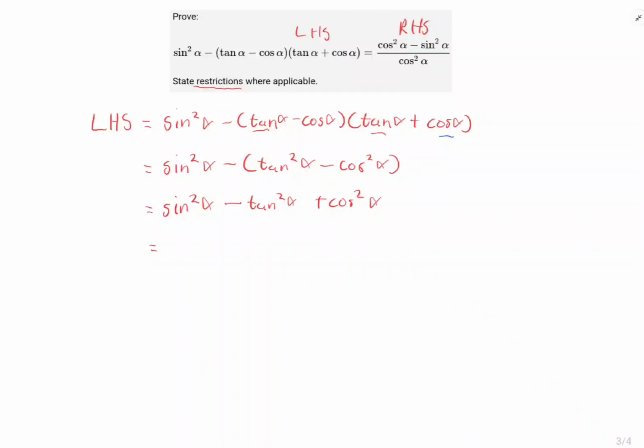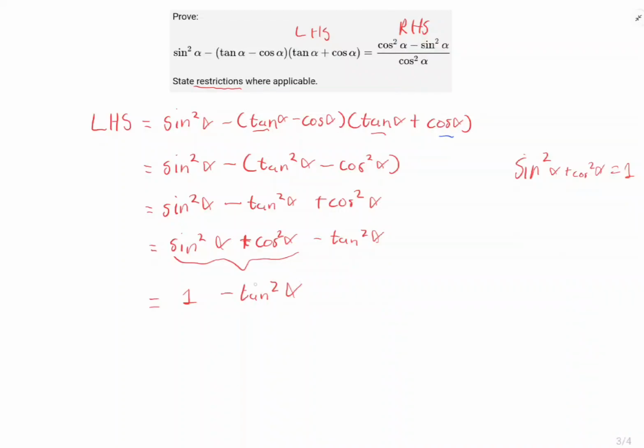If you put the sine and cos next to each other, you will see sine squared angle plus cos squared angle minus tan squared angle. This is a trig identity. What do we know about sine squared angle plus cos squared angle? It's equal to 1, right? Trig identity, remember this.